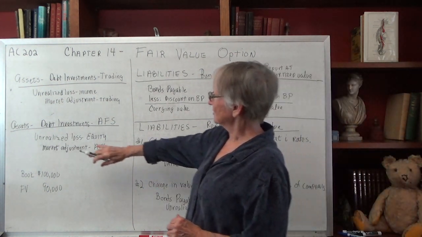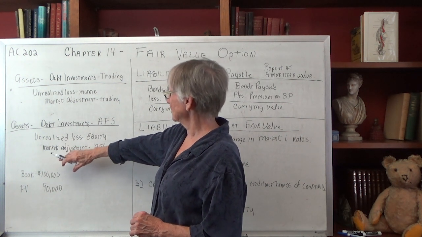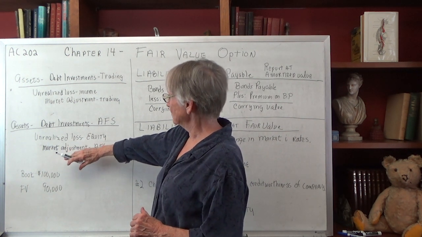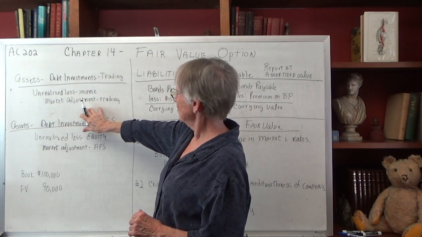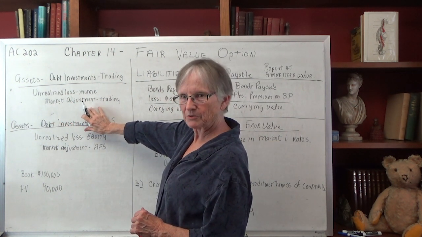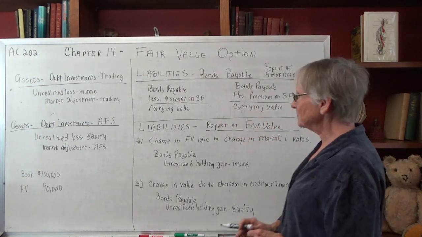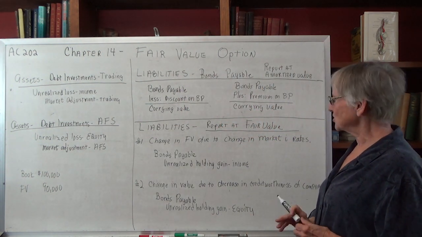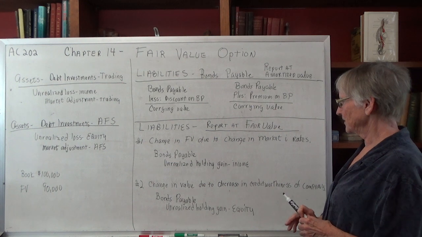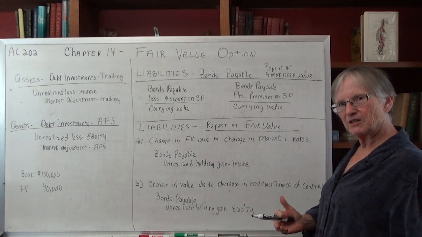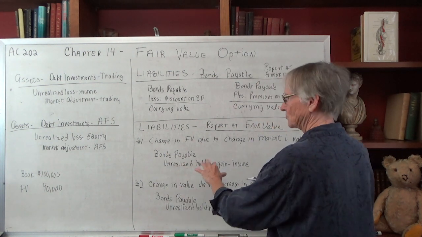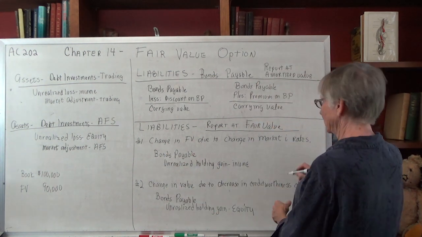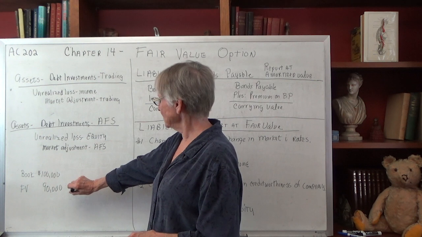When you're reducing the value of your investments, you're recognizing an unrealized loss in income, and here's your market adjustment, trading, which reduces the value of your investments. Look what happens when we make the same change to our bonds payable. We have a decrease in the value of the bonds payable. We had bonds payable of 100,000 and now they're only 90,000.